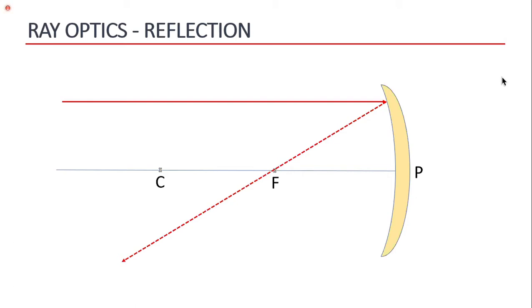Now I have to take another incident ray passing through the center of curvature. It gets reflected exactly back, right?